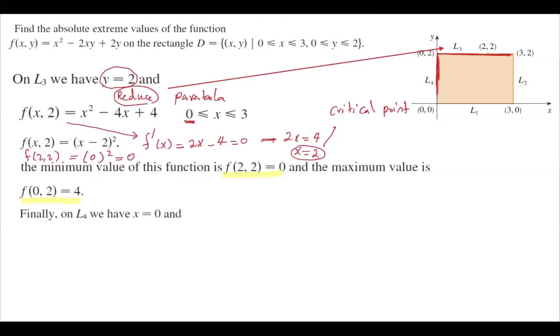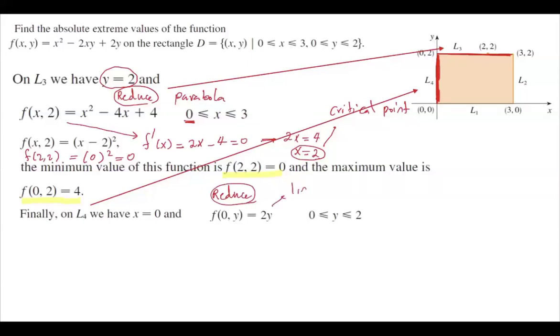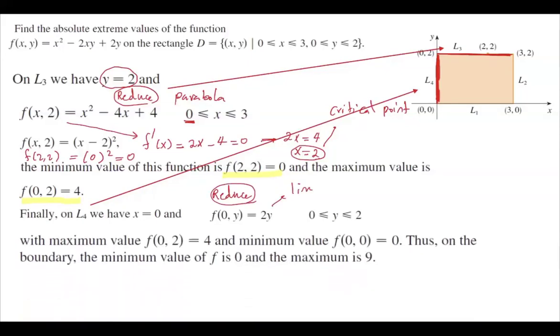On L4, your x is equal to 0, and your y is bounded between 0 and 2. You can reduce the original two-variable function to this increasing line. For this line, the maximum value of the function happens when y is exactly 2, which is 4. And the minimum value, if you plug in 0 for your y, you get 0 back.